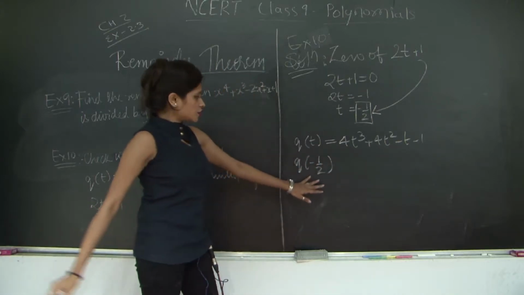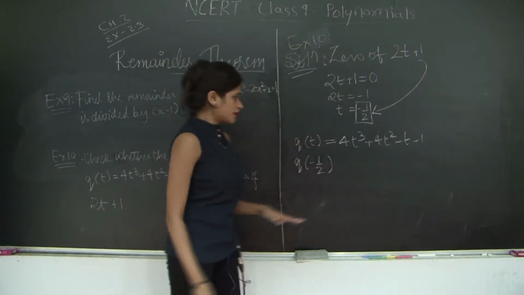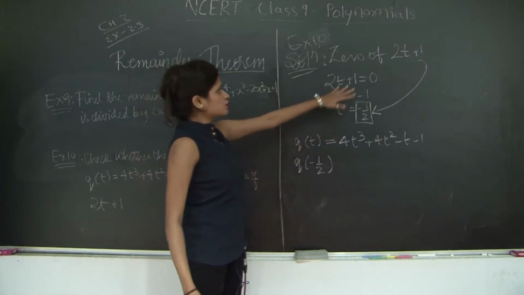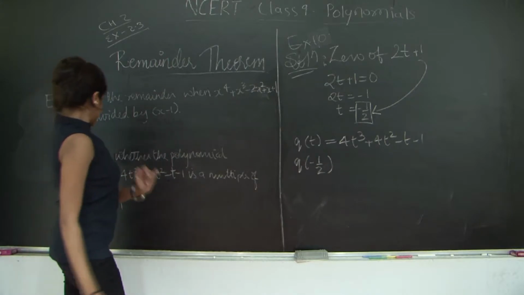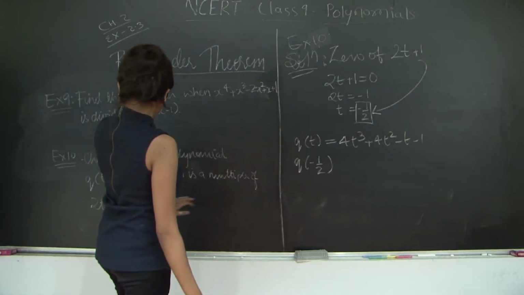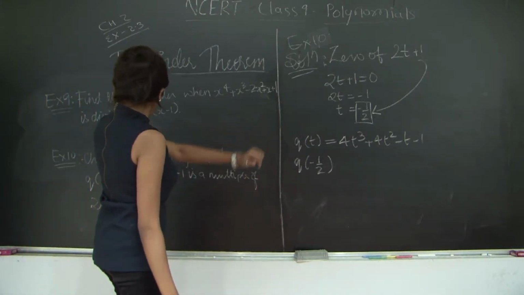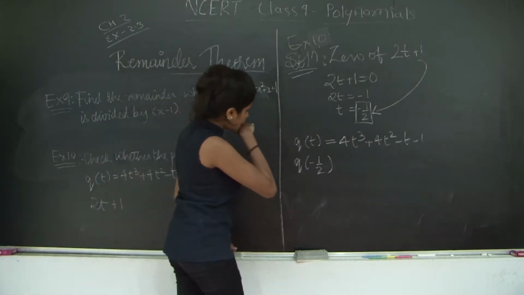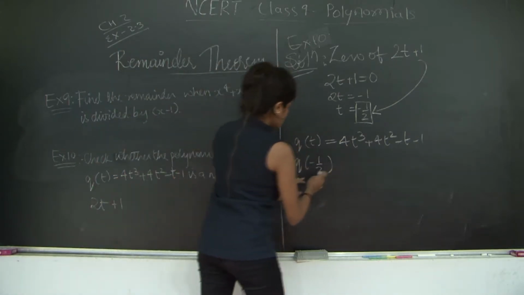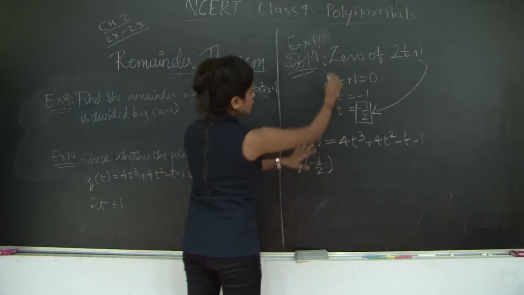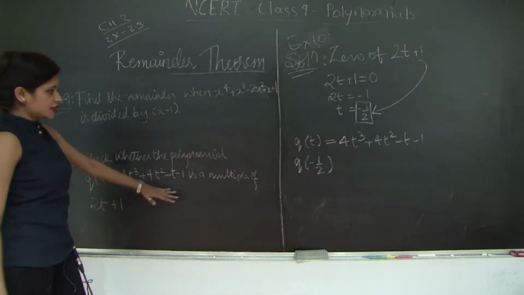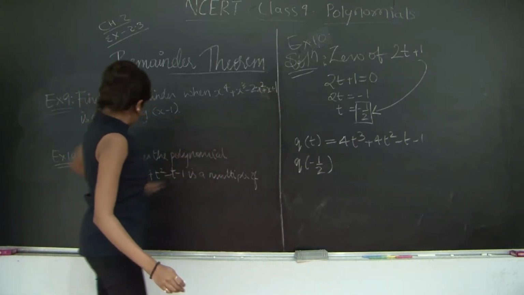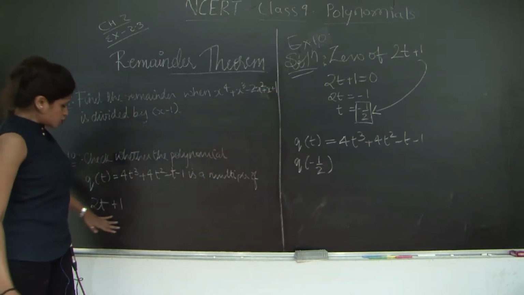Notice that q of minus half is going to give you the remainder. So if the remainder is 0, then 2t plus 1 will be a factor of q(t), which means that q(t) will be a multiple of 2t plus 1.